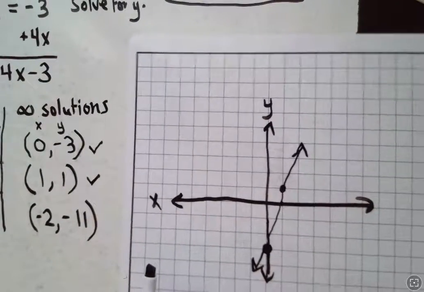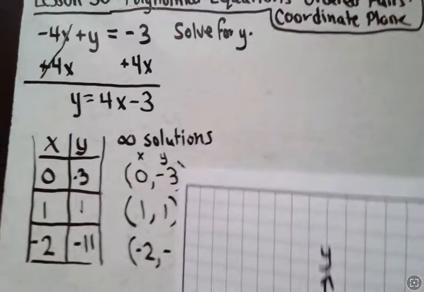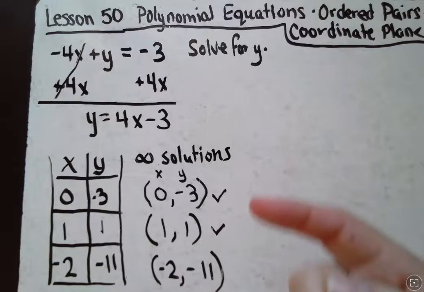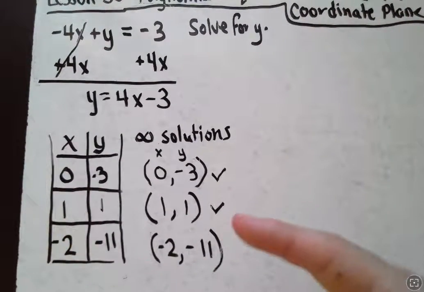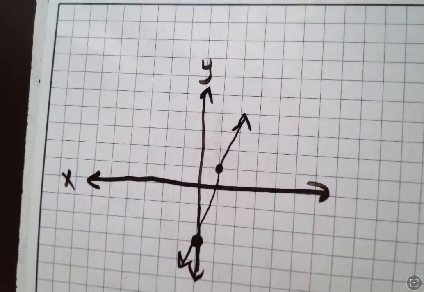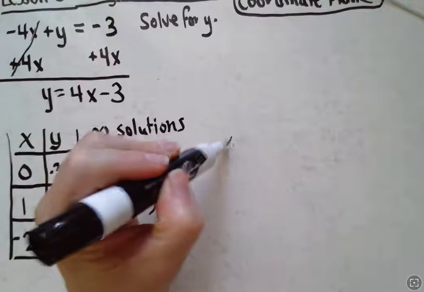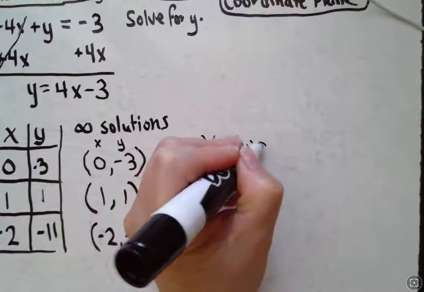So we're going to go more into detail in this on the next lesson, but for now, what you need to know is you need to know how to solve for y, which you've already learned. You need to know how to choose values of x and calculate the corresponding y values, and then you also need to know how to plot points on the coordinate plane. And then one more thing. We call x, the x value is always the independent variable.